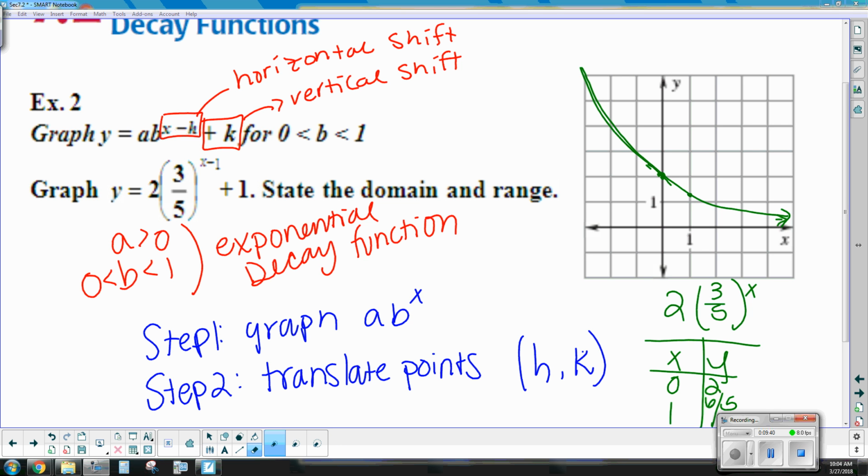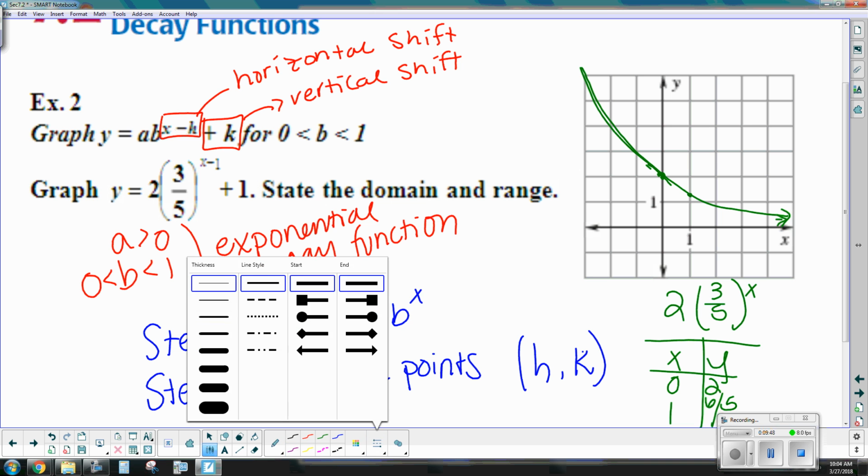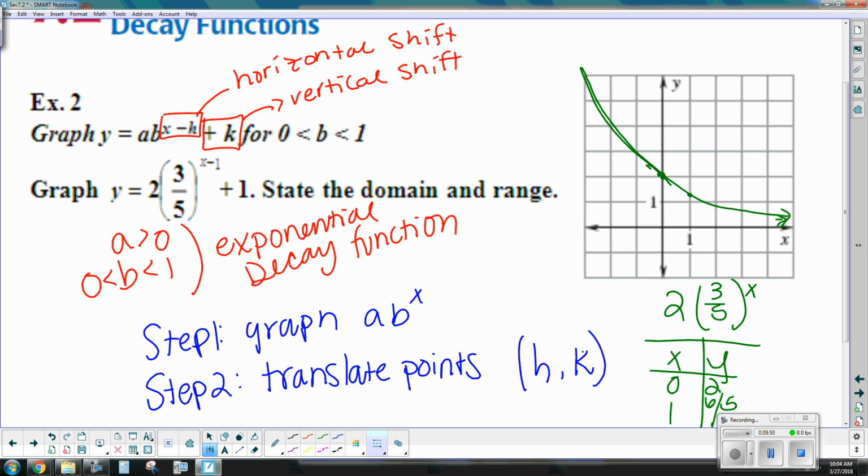And now we're going to translate these points by h and k. Our h value is +1, and our k value is also +1.